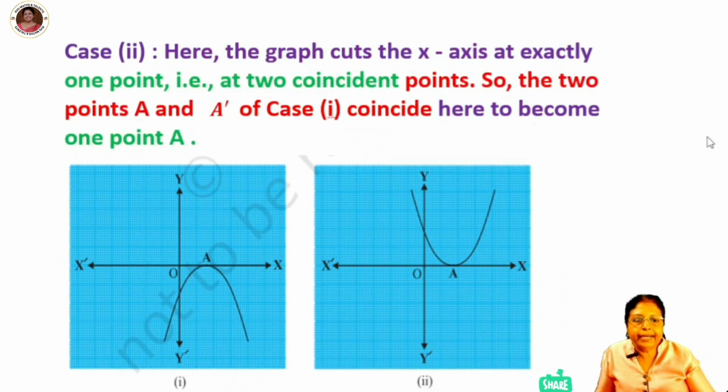And this is another case. Here a and a dash are coinciding at this point and this is the intersecting point. So here we get 2 coincident points and the x coordinates are the zeros of this polynomial.